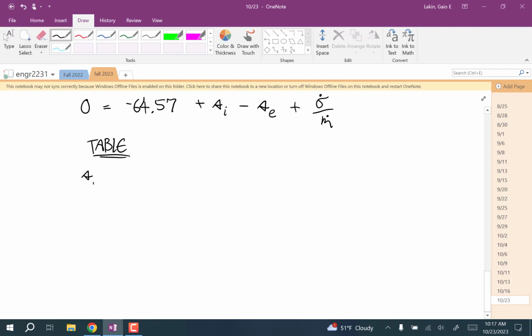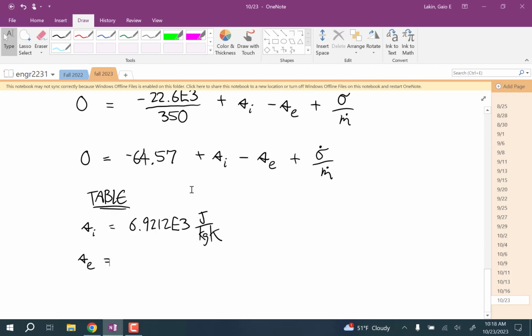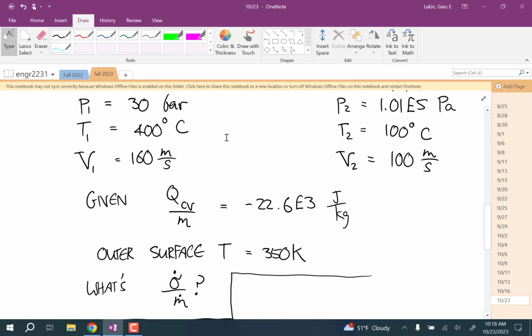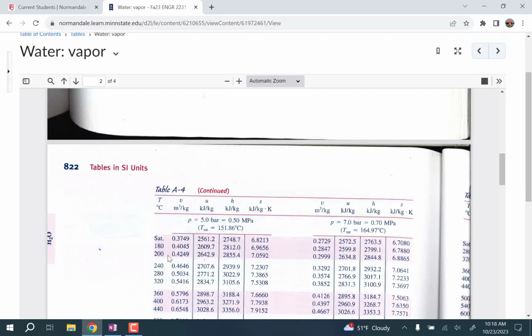So our S1, that's our S inlet, equals 6.9212 times 10 to the third because it's in kilojoules. So this is joules per kilogram Kelvin. And our S exit is a saturated vapor at 100 degrees Celsius.